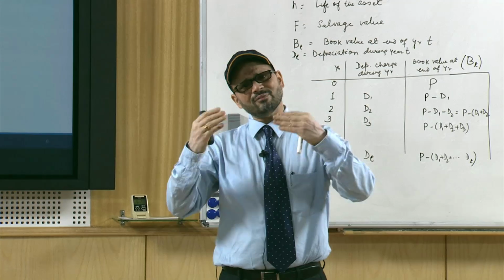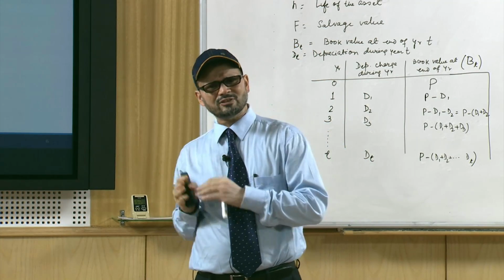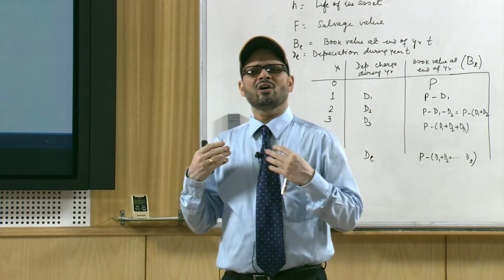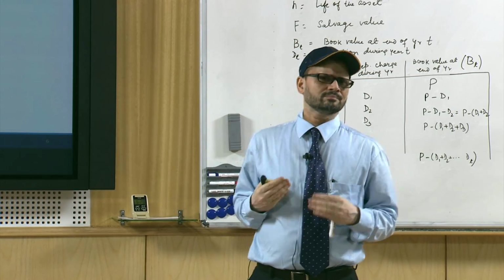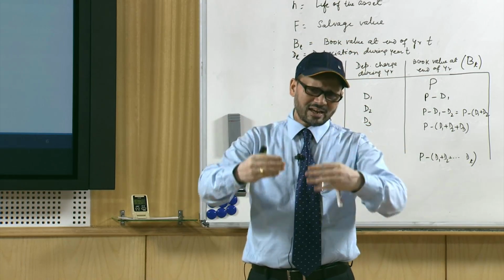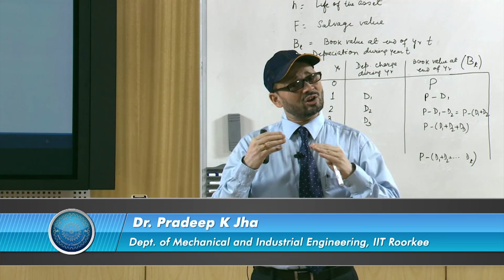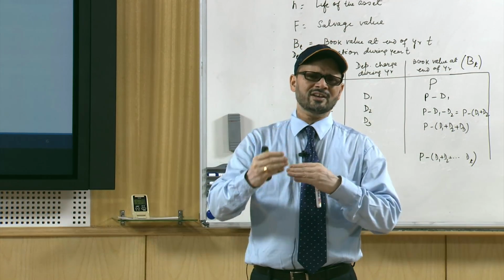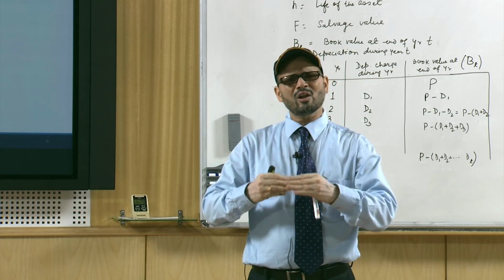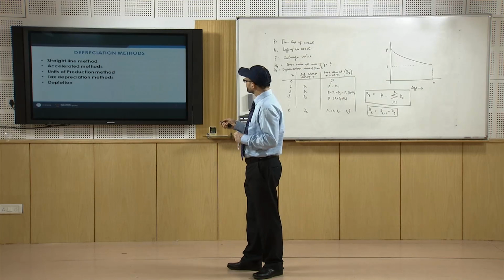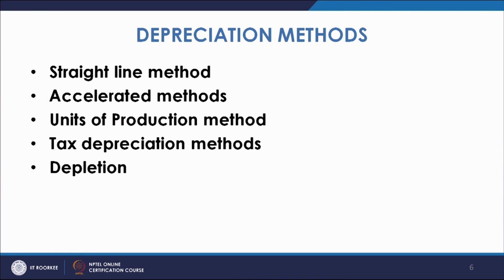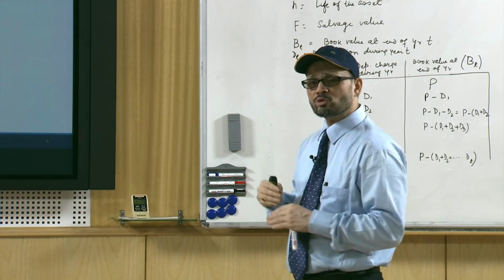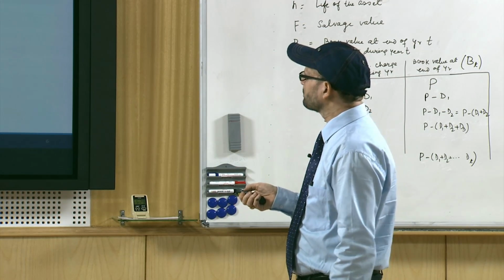Anyway, after 5 years the machine will depreciate to its final salvage value, but if during the first year the machine is utilized quite heavily, in that case the loss in its value will be more, because the more the machine runs, the more will be wear and tear between the parts of the elements, the more will be loss in its value. So, this production method tells you that as much as you use, as much as you produce, the depreciation will be proportional to that.